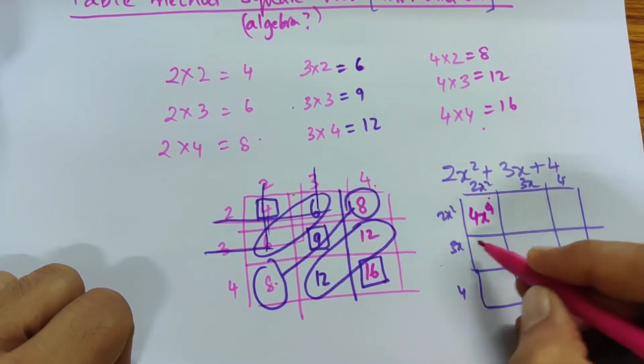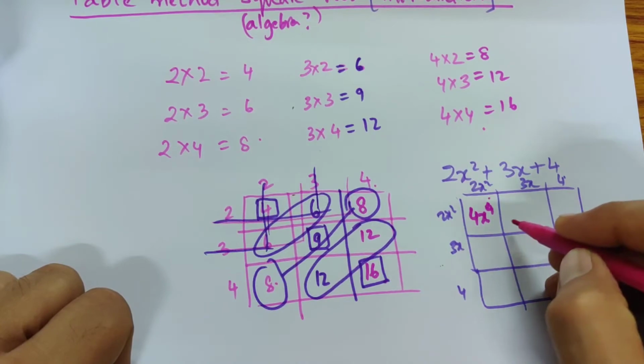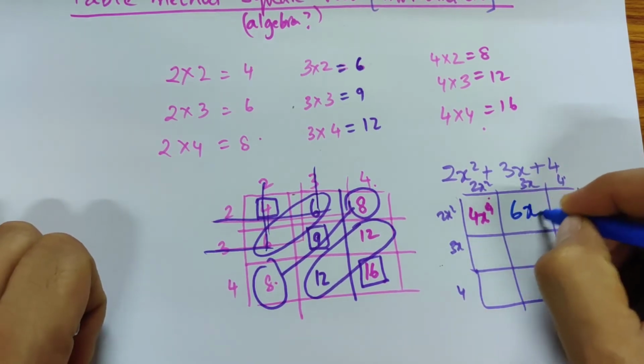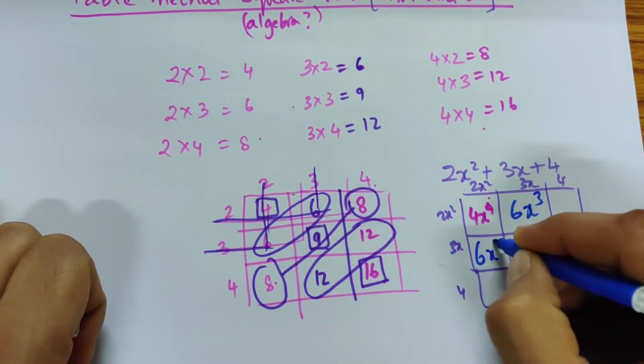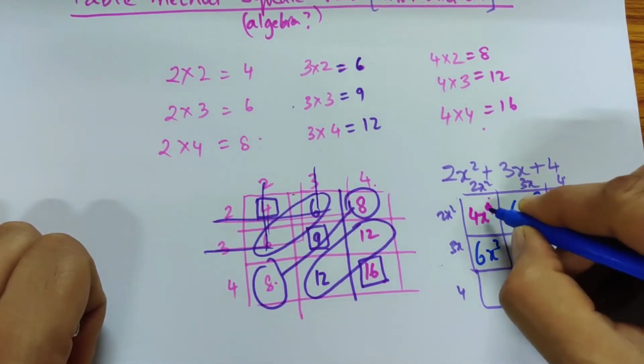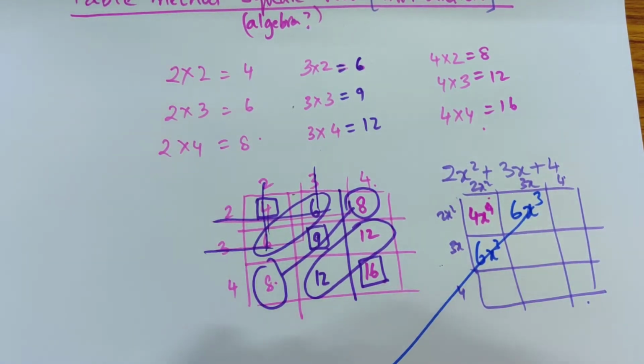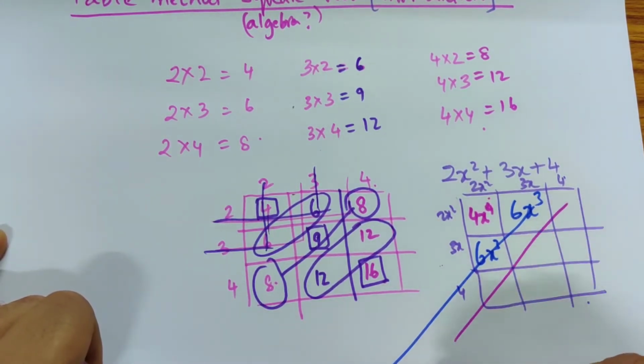These two will multiply to the same, and this is 6 times x cube. Remember, these two will be the same. Another good thing to remember is that this will be x cubes. Both these boxes will be x cubes. Both these 3 boxes will all be x square.